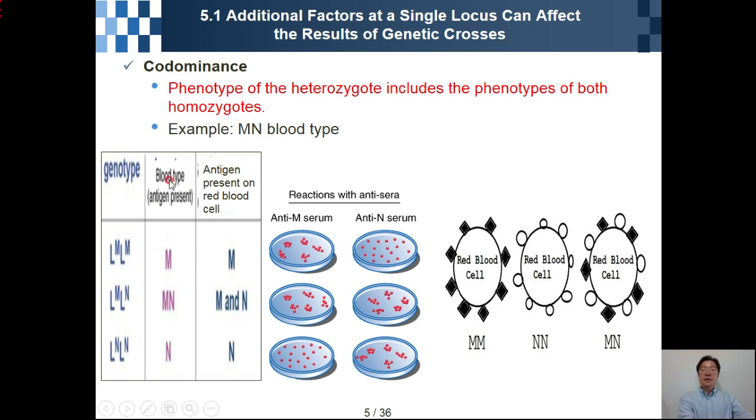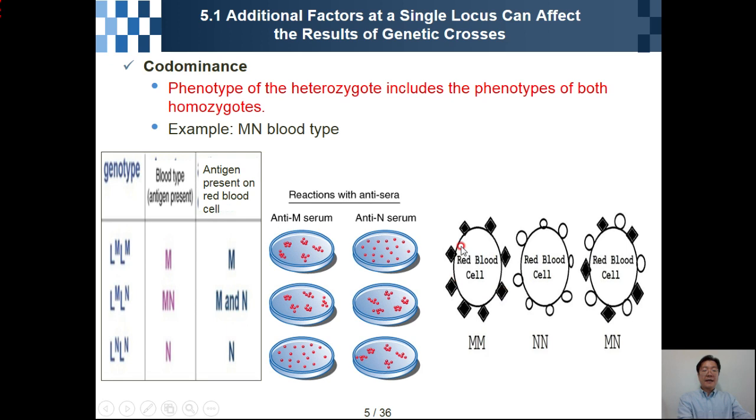For example, blood type M means that the antigen present on the red blood cell is M. How about N? N means that the antigen present on the red blood cell is N. How about LM LN? It means that the antigen present on the red blood cell is both M and N.